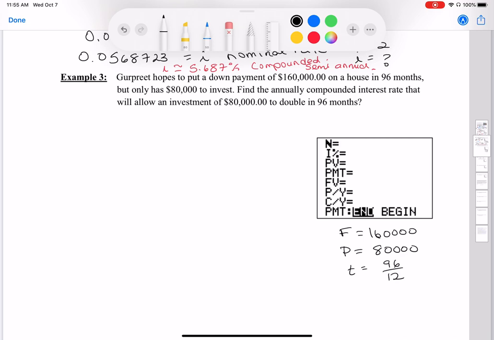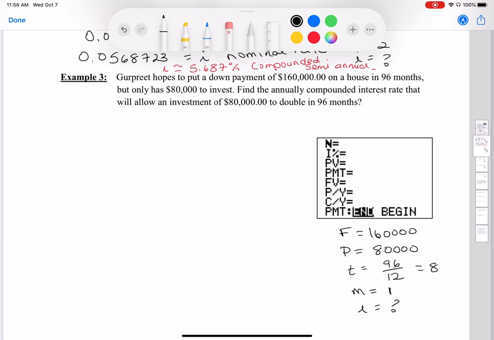So that's going to be 96 divided by 12, which is 8. And we're looking for a compounding rate annually. So this question is saying, if he's out shopping for a bank and he wants to ensure that he can make this happen, what interest rate does he have to go secure?